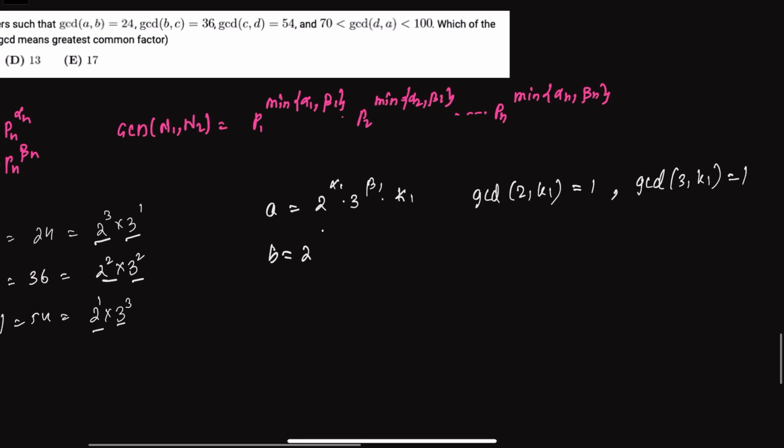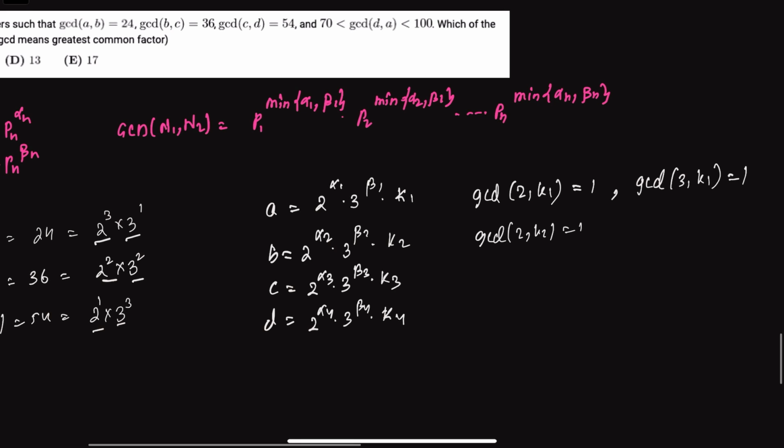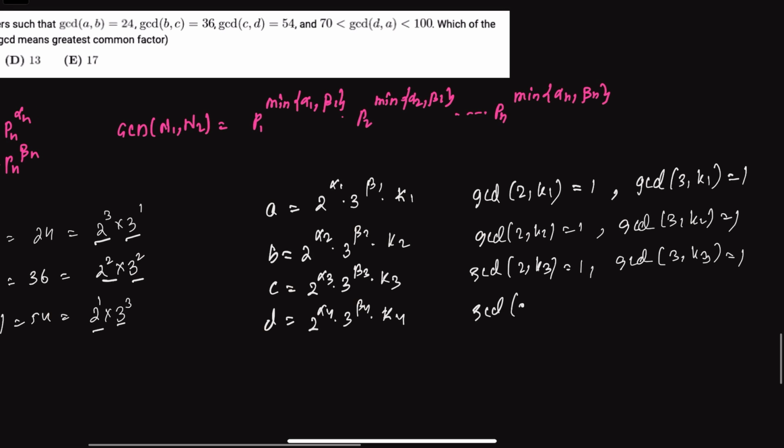Similarly, if I take B, C, D as well, 2 to the power alpha 2, 3 to the power beta 2 into k2, 2 to the power alpha 3, 3 to the power beta 3 into k3, 2 to the power alpha 4, 3 to the power beta 4 into k4. And again, GCD of 2 and k2 is 1, GCD of 3 and k2 is 1, GCD of 2 and k3 is 1, and GCD of 3 and k3 is 1. And similarly, GCD of 2 and k4 is 1, and GCD of 3 and k4 is 1.